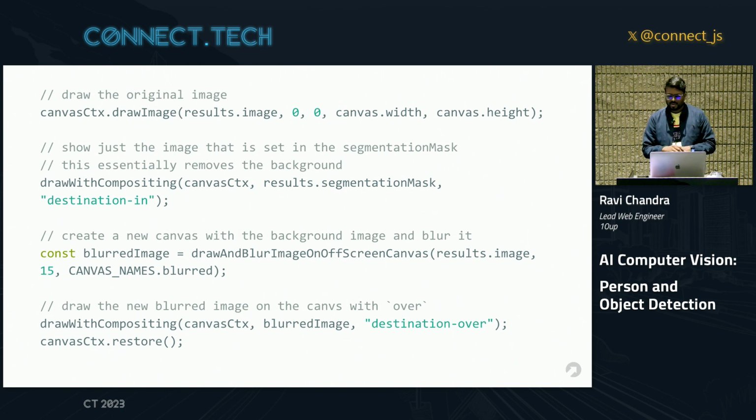Again using the compositing technique, this time we remove the person but keep the background, and at the end we bring both of them together. So you have the first image with the person and no background, and the second layer with just the background, no person, and it's fully blurred.